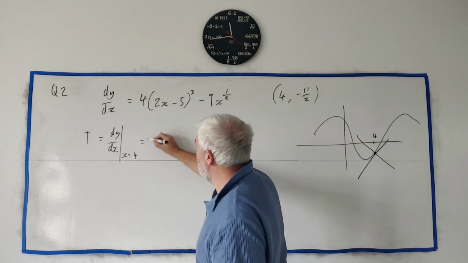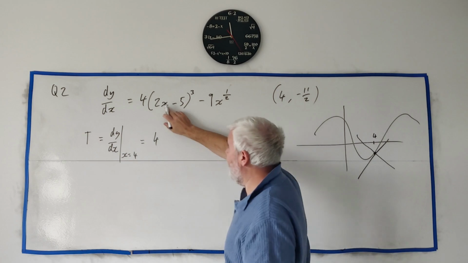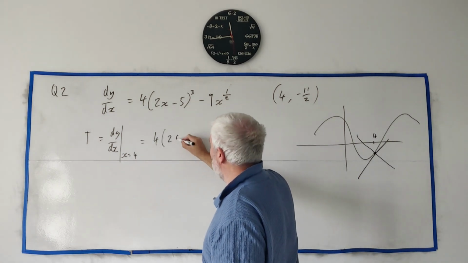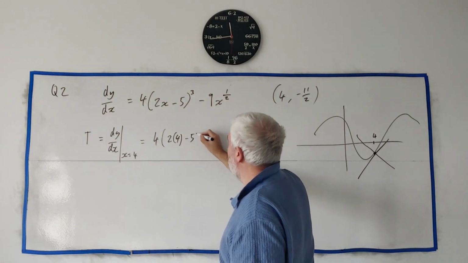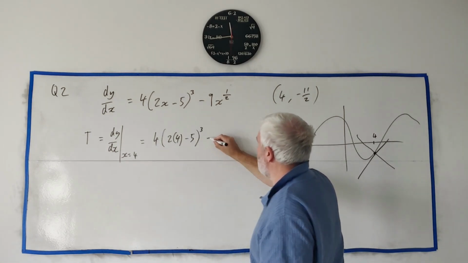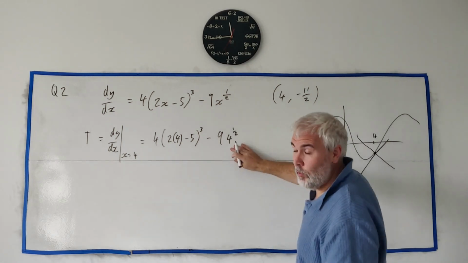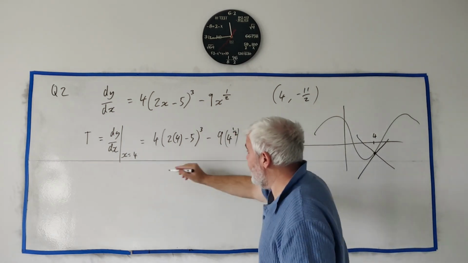We just put it in. This is all equal to 4. We just put 4 in for x: 4 times (2 times 4 minus 5) to the power of 3 minus 9, and that's 4 to the power of a half. That's the square root of 4. Just clean all that up.